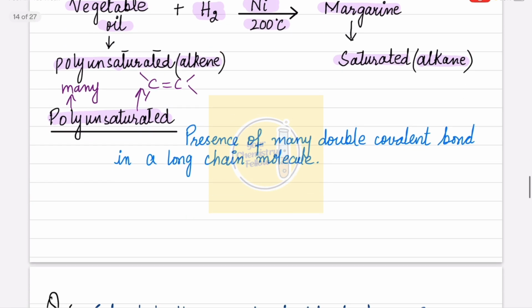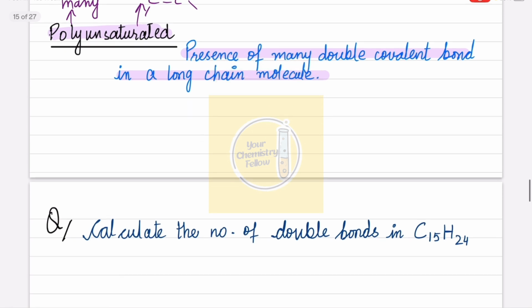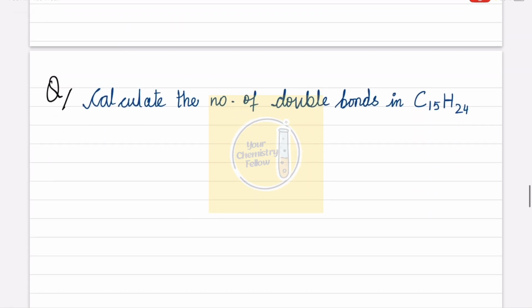This means that many double covalent bonds are present in a long chain molecule. So, vegetable oils are polyunsaturated alkenes. When they are hydrogenated, they are converted to margarines, which are saturated hydrocarbons that are known as alkanes.